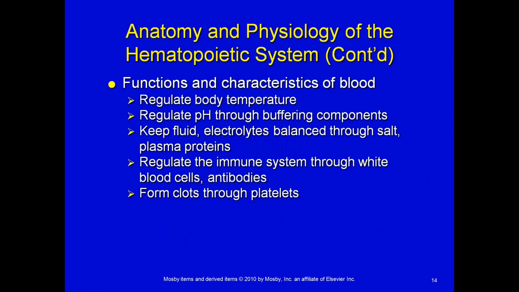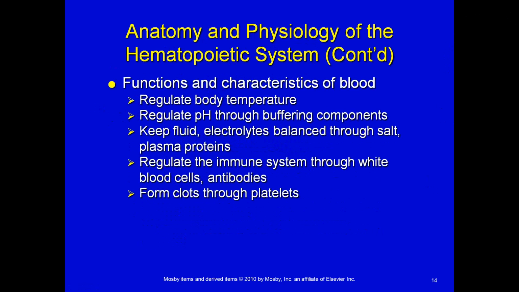So within blood are bicarbonate ions, and we know from our acid-base days that acids liberate hydrogen ions, and that pH is a representation of your hydrogen ion concentration. And the more hydrogen ions you have, the lower your pH is.